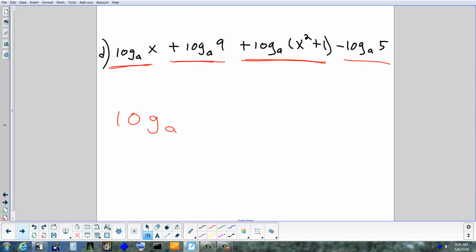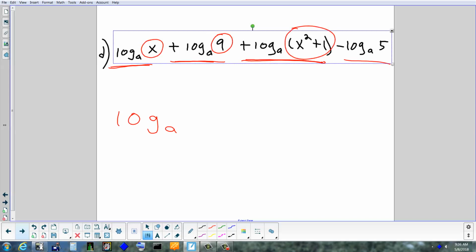How do we recombine logs when they're plus? Yep. Multiplication. So it's going to be this times that times that. So I'm going to do it a little out of order because it's how we would write it. 9 times x. Start with that. 9 times x squared plus 1.